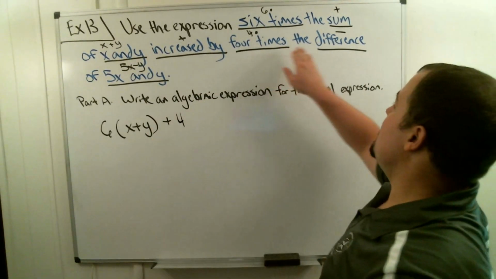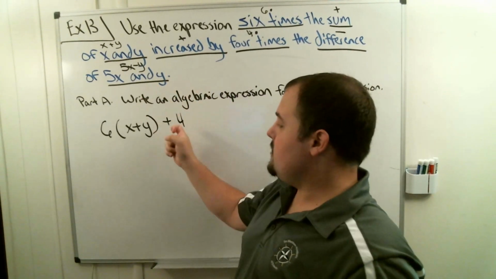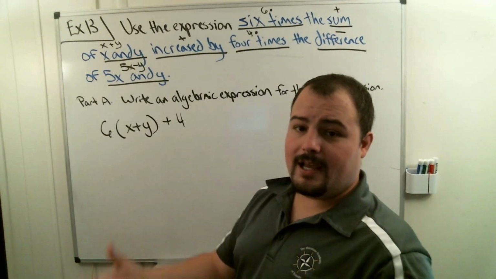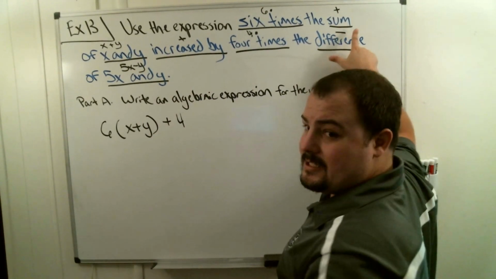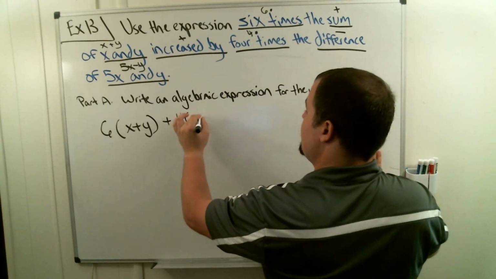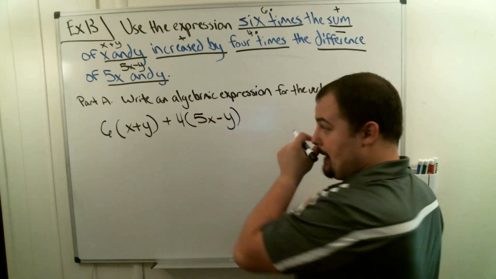But it's 4 times the difference of 5x and y. So I'm going to take this 4 and it's going to multiply to the answer of subtraction. The answer of subtraction is between 5x and y. Well, I see that it says the difference of 5x and y, so this means that I'm multiplying by 5x minus y.